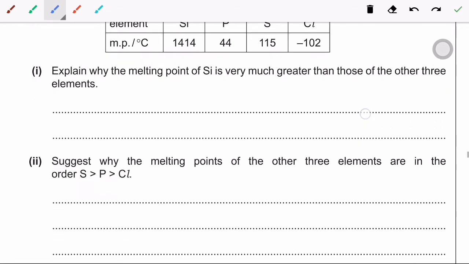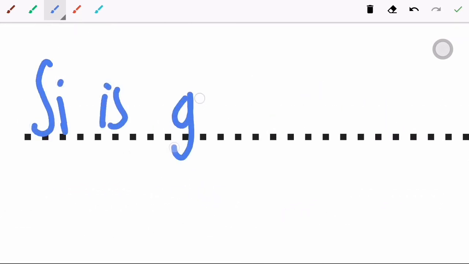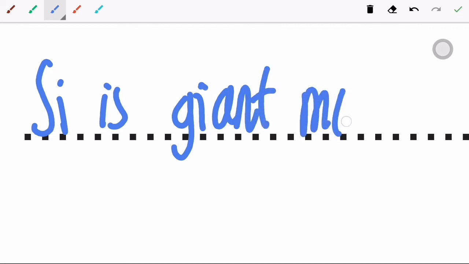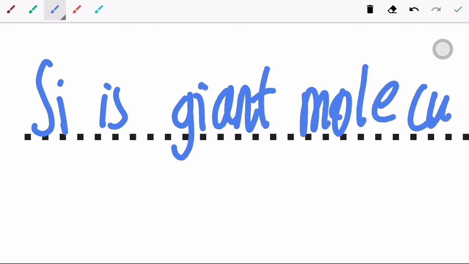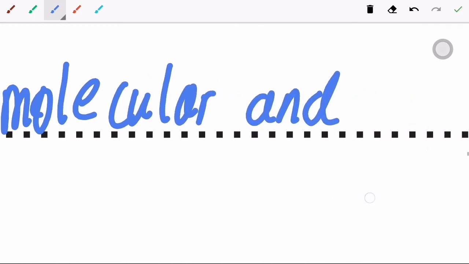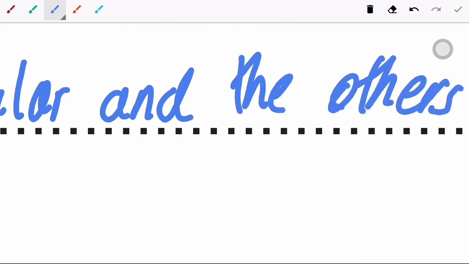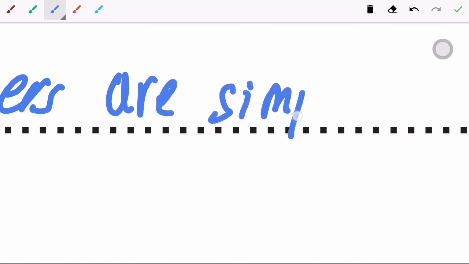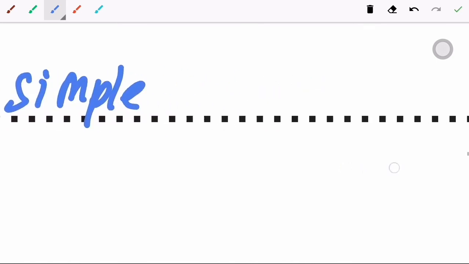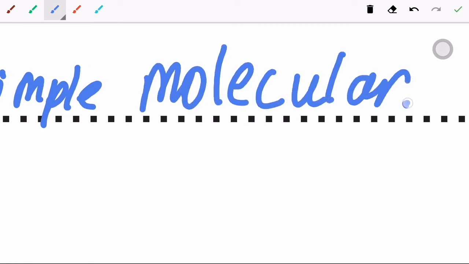No, these are elements, those were oxides. Si is giant molecular, and the others are simple molecular. That's about it.